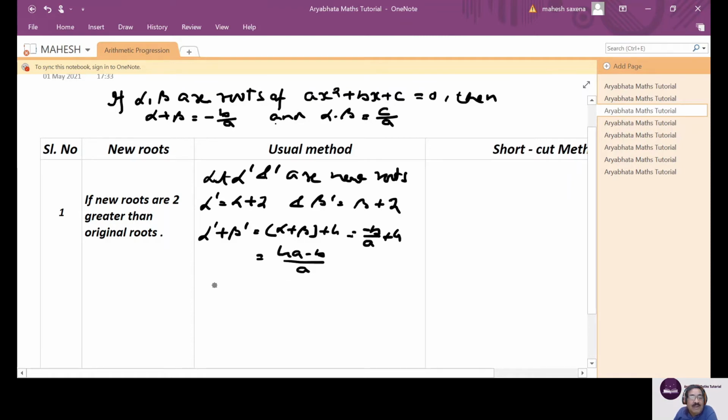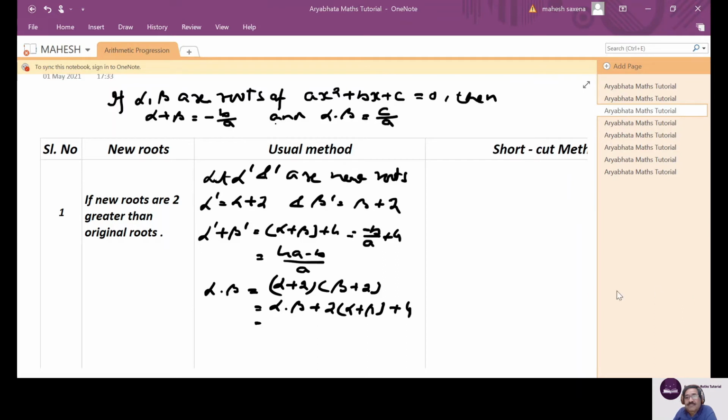Similarly, alpha dash into beta dash will be alpha plus 2 into beta plus 2, that is alpha into beta plus 2 (alpha plus beta) plus 4, that is c upon a plus minus 2b upon a plus 4.